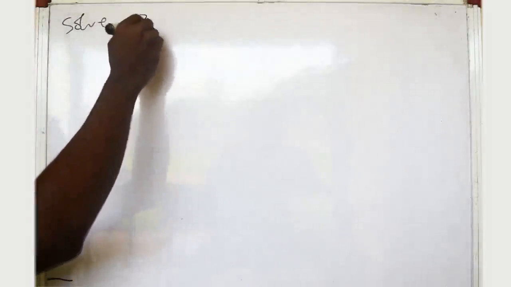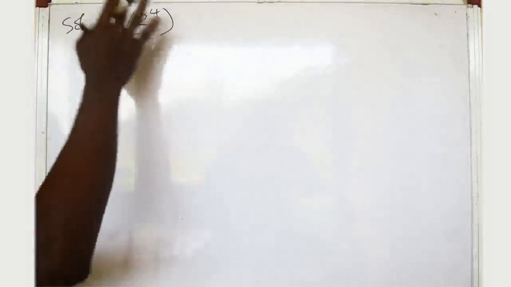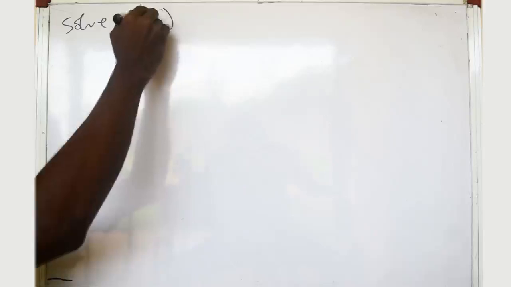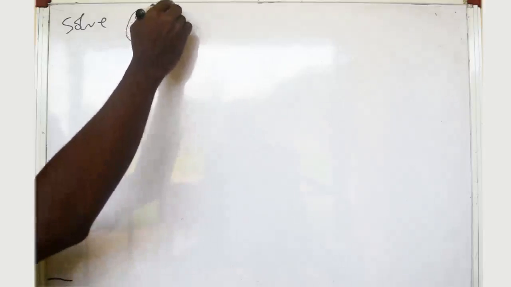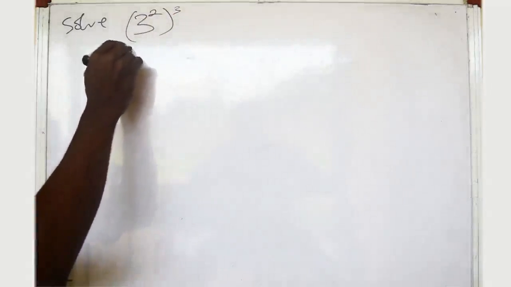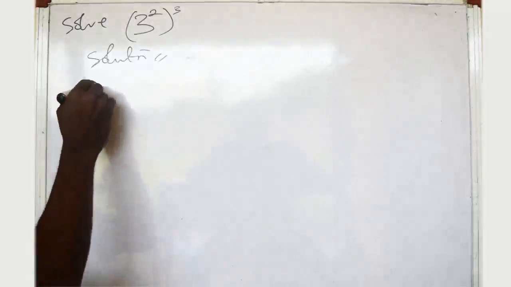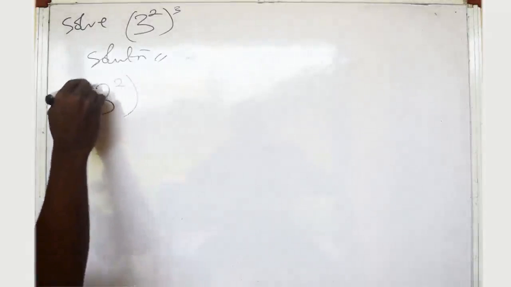Okay, so I could as well say solve 3 raised to the power 2, all raised to the power 3. The solution to this: it said 3 raised to the power 2, all raised to the power 3.